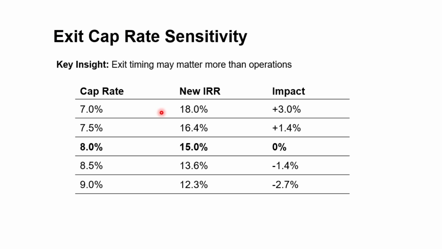So what insight can we develop from this? Exit timing may matter more than operations. You can optimize occupancy and control expenses, but if you sell into a weak market with high cap rates, your return suffers significantly. This highlights the importance of market timing and exit strategy planning, right?